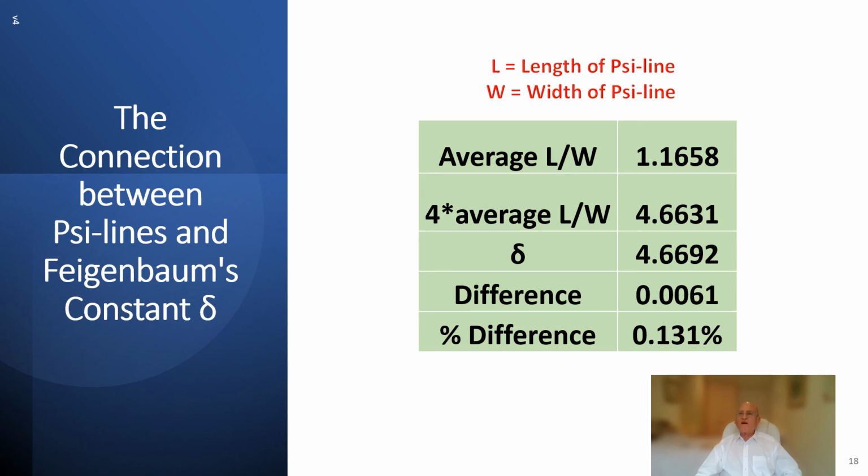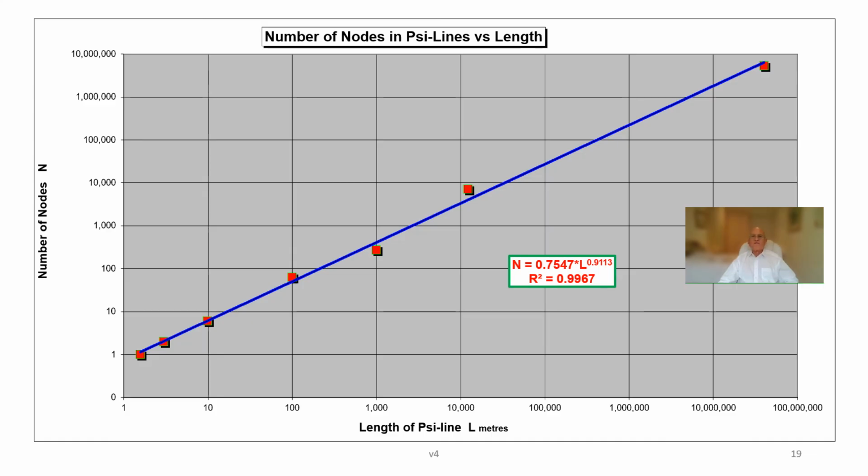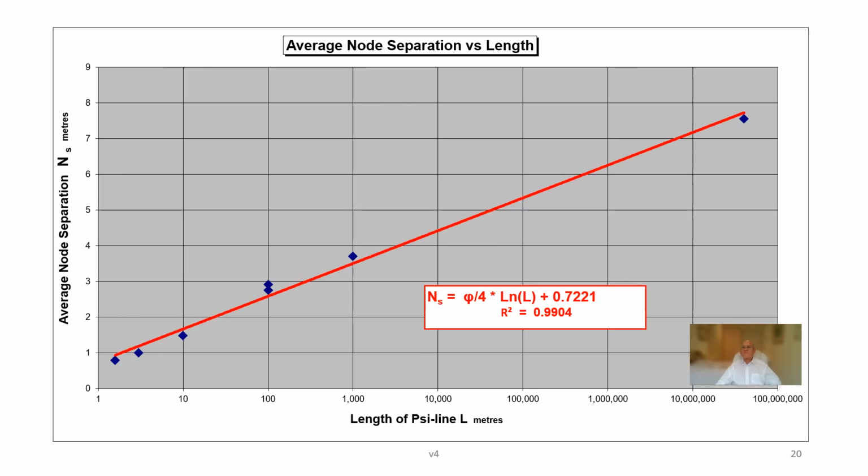This is only one of many examples that demonstrate that subtle energies are strongly connected to universal constants. This graph illustrates the connection between psi line length and its nodes. This graph shows the connection between node separation distances and psi line length.